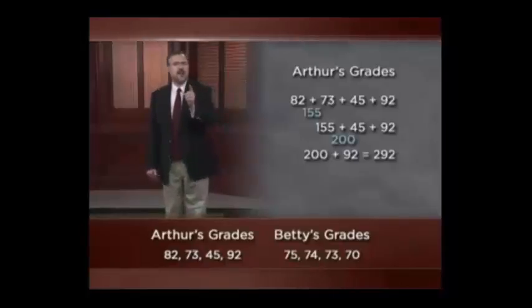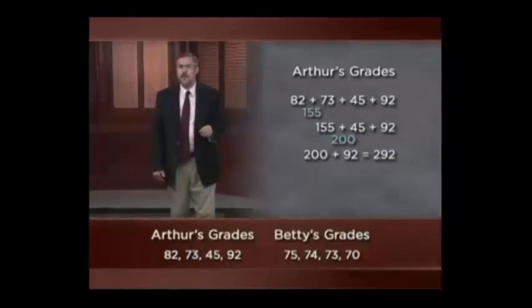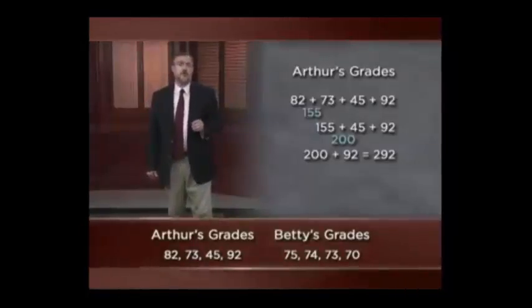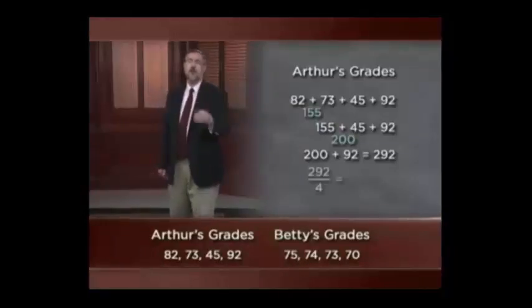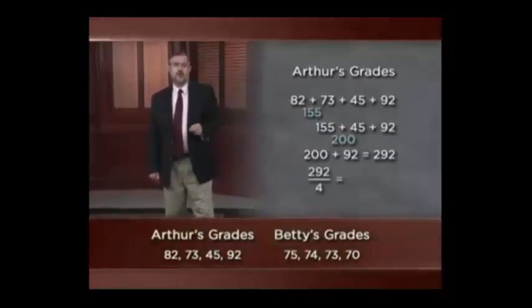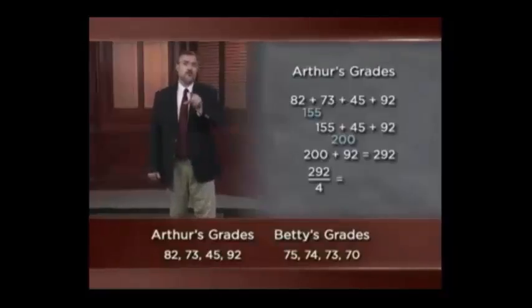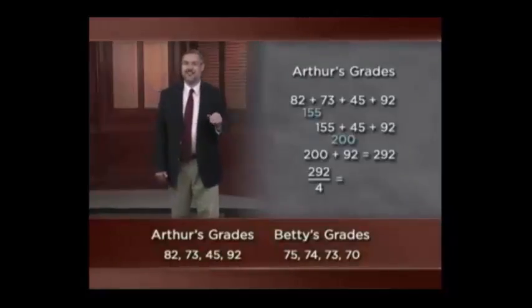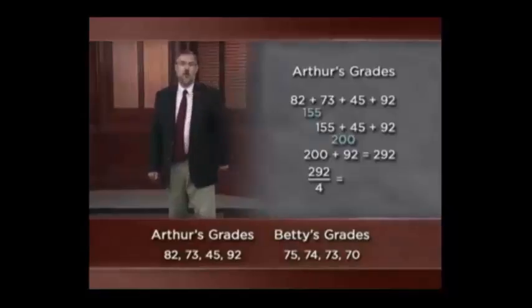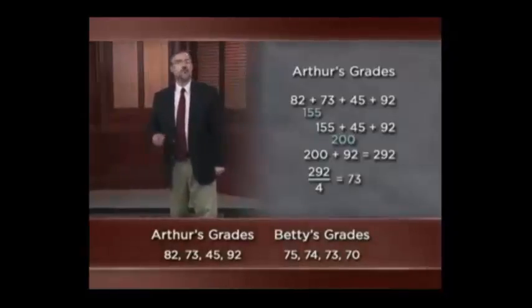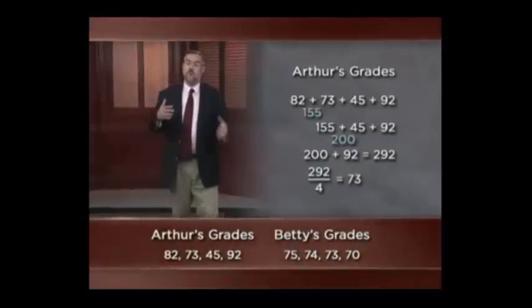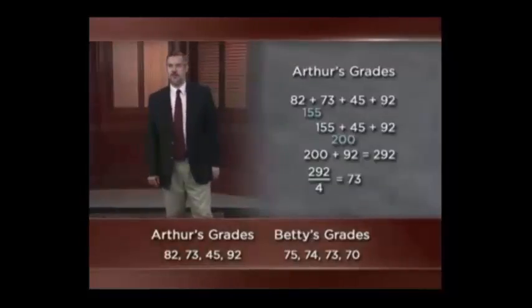And what are we going to divide that by in order to find the mean? Well, we have to divide by the number of exam grades for Arthur, and that's 4. So we take 292 and we divide it by 4. And when we do so, actually, I've worked out the numbers nicely so that the mean turns out to be a whole number of 73. So Arthur's average or mean for his exams is 73.